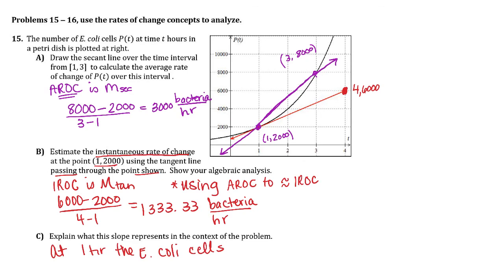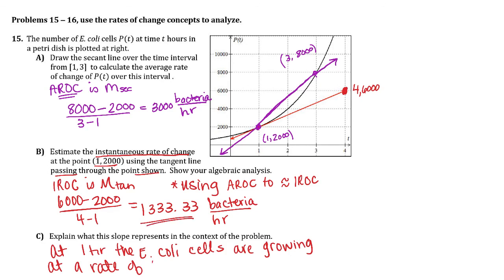If the rate is positive, then the cells would be growing. If the rate was negative, they would be decreasing. So here the cells are growing, and again, we know that because our slope was positive. So they're growing at a rate of, and that rate is the slope that we just found.